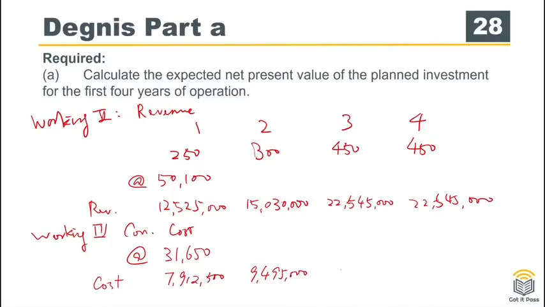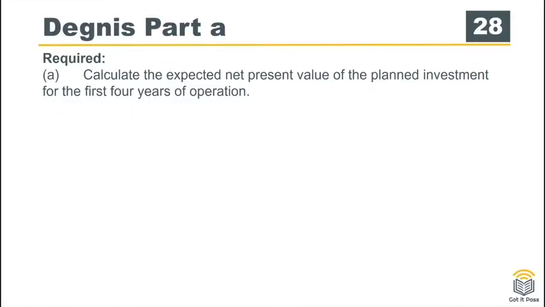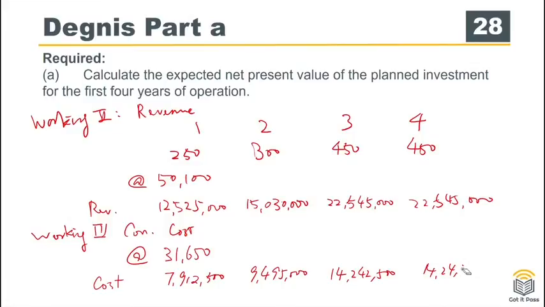For the third year, 14,242,500. The fourth year is the same as the third year. All right, so we can work on the next one.